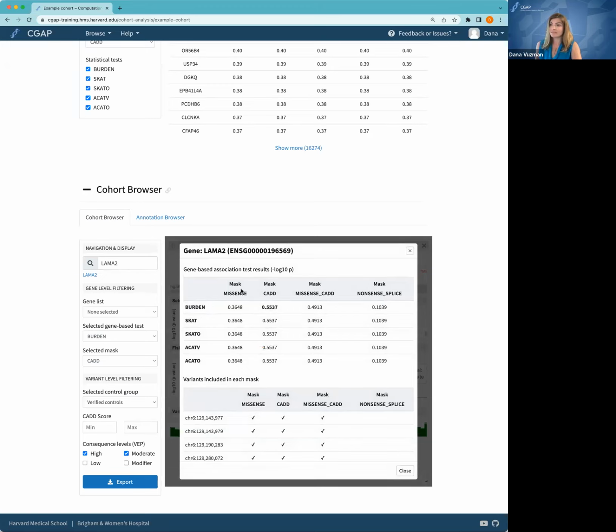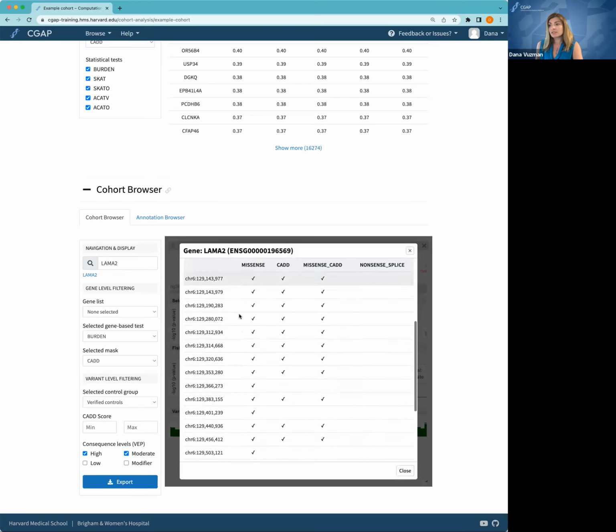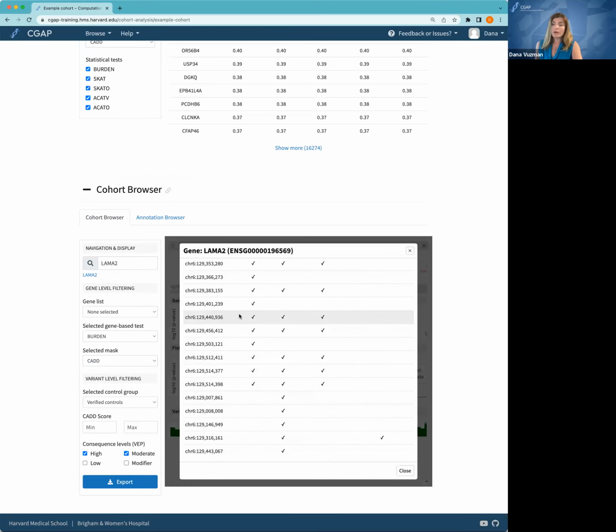So we can see the different masks and their corresponding p-values in those different tests that were included in the Regenie calculation. We can also look at the variants that are included in each mask. And when we have access to the sample level information, we can see which samples are actually having these variants and have been included here.